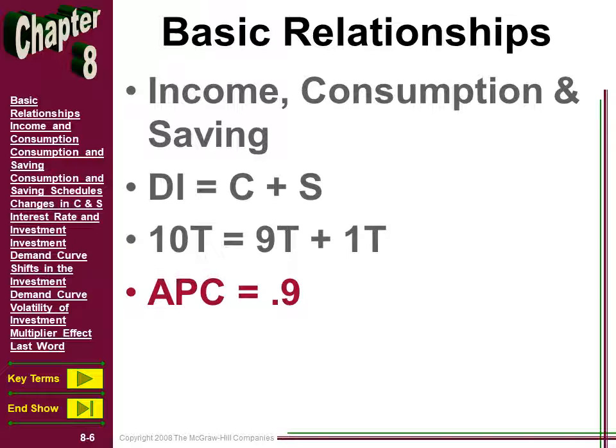That is to say, on average, people spend 90% of their income. By default, people will therefore save 10% of their income. Now, notice the average propensity to consume plus the average propensity to save must add up to 1 or 100% of the income. Whatever income is not spent is saved. Whatever income is not saved is spent.